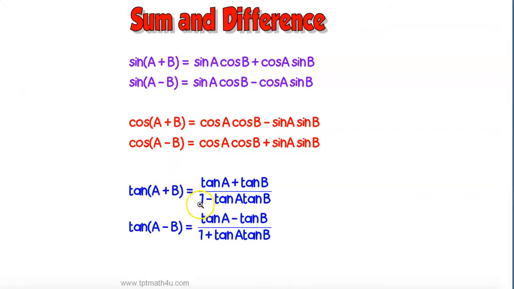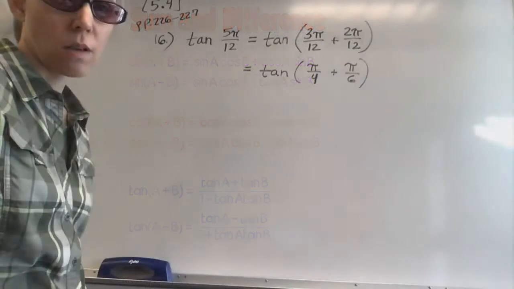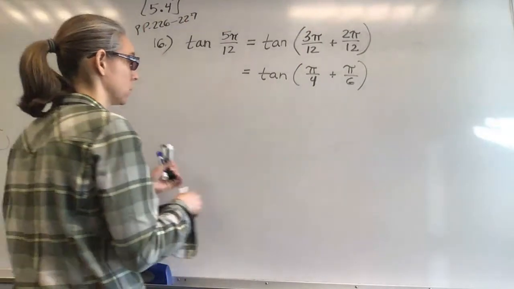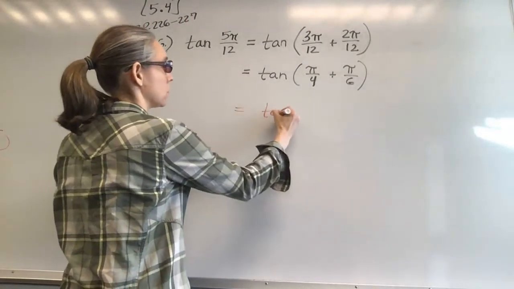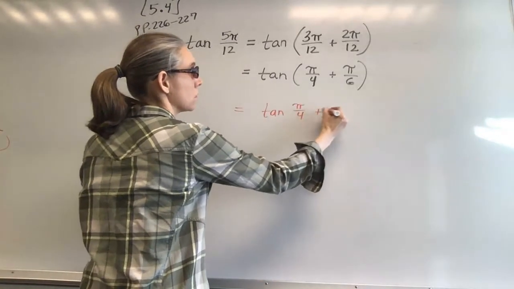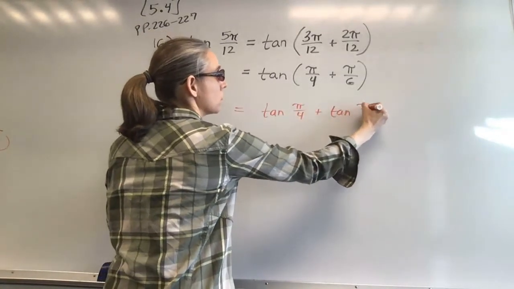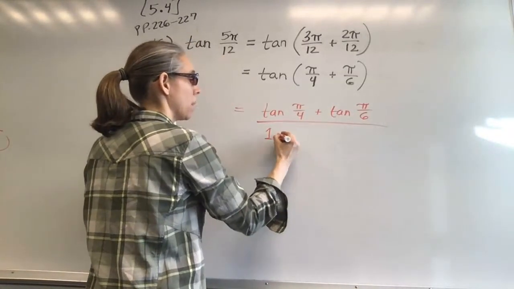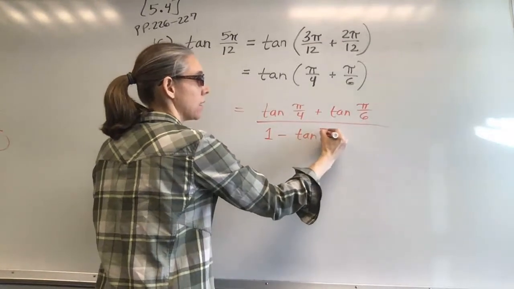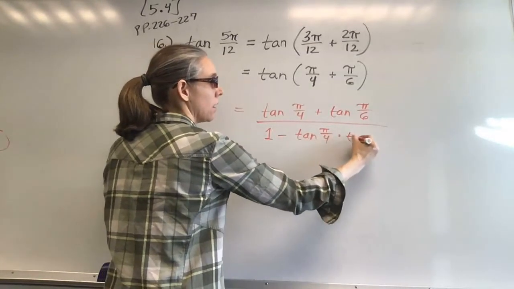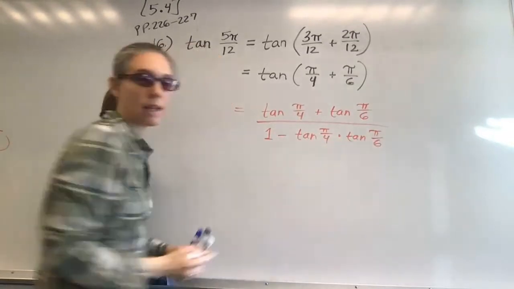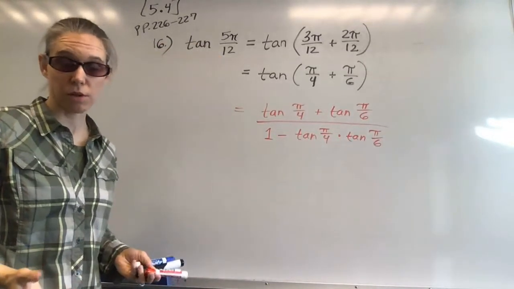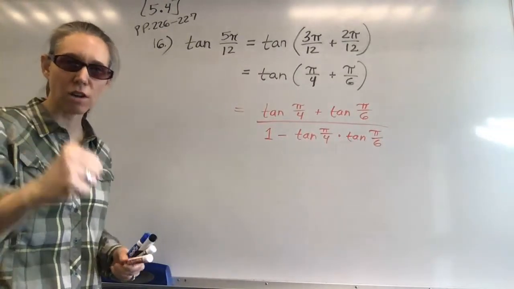And then the denominator is 1 minus, so this is the opposite sign, tan A tan B. There's tan A plus tan B, and then 1 minus tan A tan B.